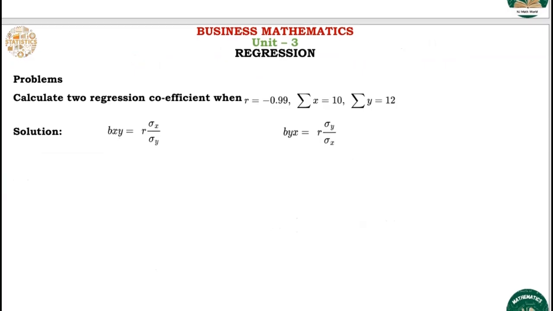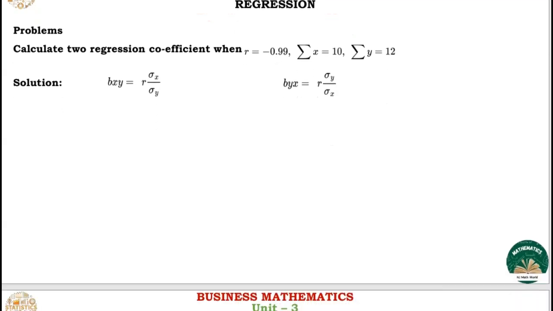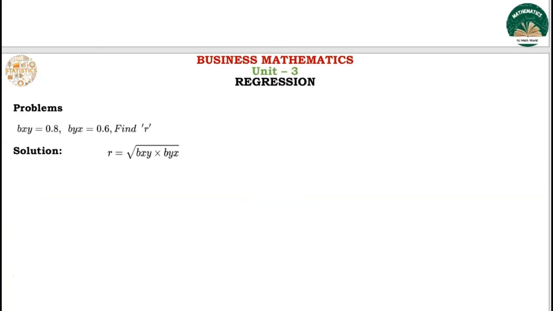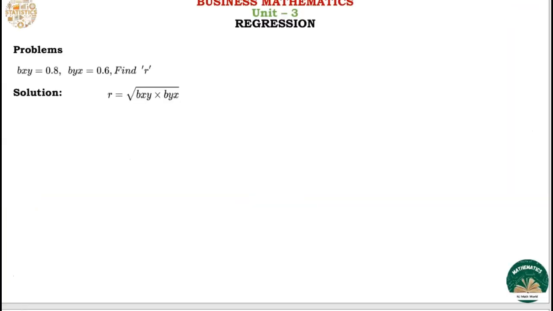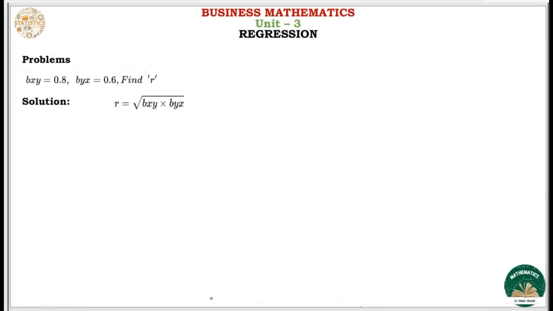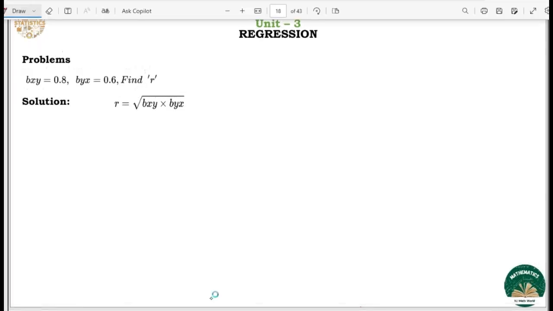Calculate the two regression coefficients if r, summation x and summation y are given. You can just find it the same as we did above. Then, bxy is 0.8, byx is 0.6. Find r. We have a formula. R is root of bxy into byx. That is the relation of the coefficient of correlation.